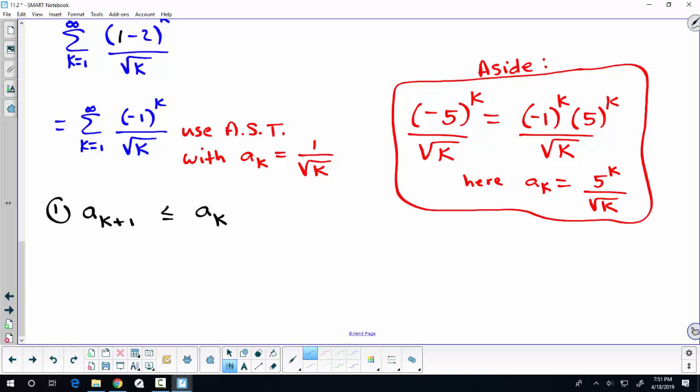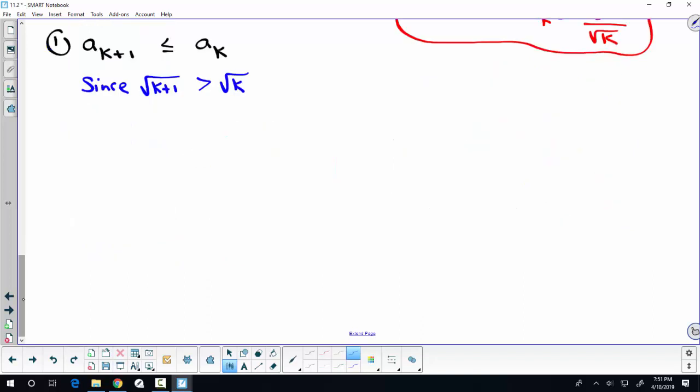So what we're going to say here is, since the square root of k plus 1 is strictly larger than the square root of k, remember k is 1, 2, 3, 4, 5. Since that's true, 1 over the square root of k plus 1 is strictly less than 1 over root k. So that condition is satisfied. The next term is less than the previous.